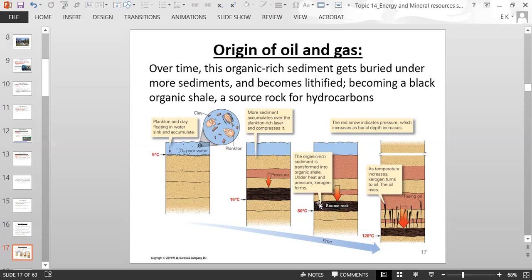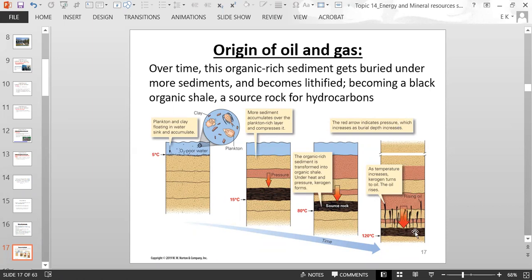And then we start to form something called kerogen under more heat and pressure. As the heat and pressure continue, we form kerogen. And then as the temperature increases further, as you get more burial deeper down underground, the kerogen turns into oil.